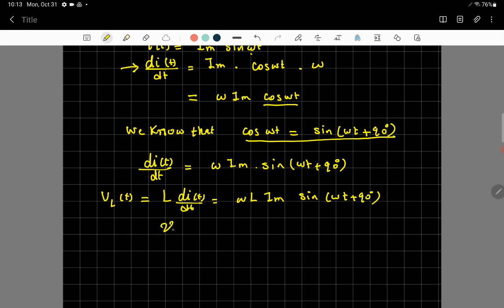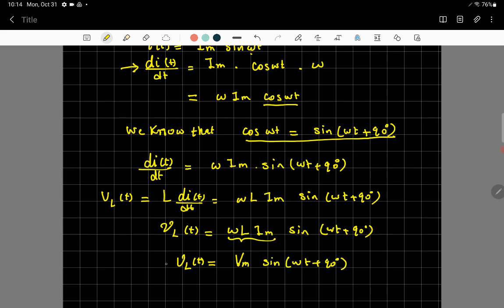The voltage across the inductor is equal to omega L Im sine omega t plus 90. This will be considered the maximum value of the voltage for VL, so we may write it in simple form. I call this Vm sine omega t plus 90.